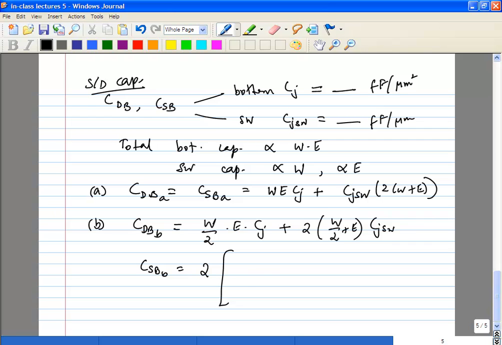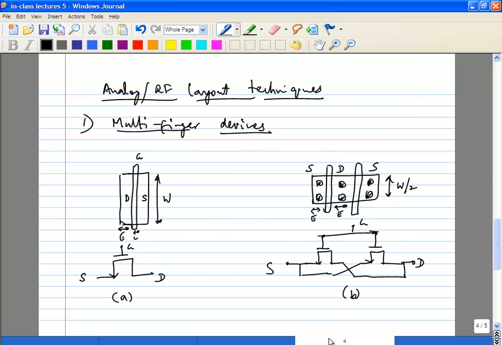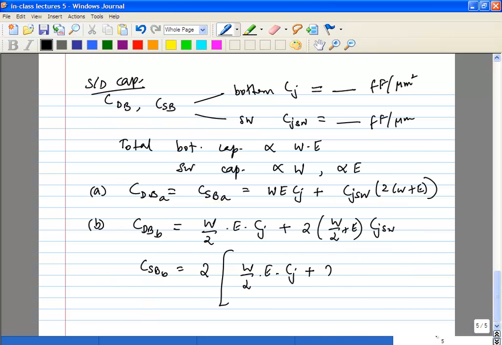So you have 2, each one is W by 2 times E times Cj, that is the junction capacitance, plus what is the sidewall capacitance? So for each of these guys, you have W by 2 plus E times 2, correct? That's the overall perimeter.